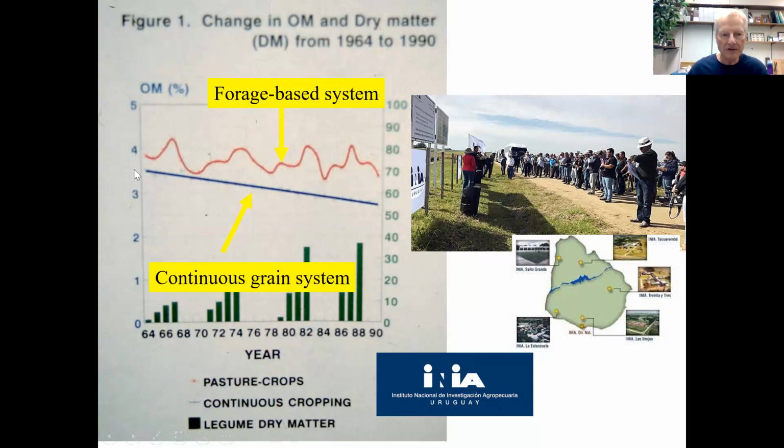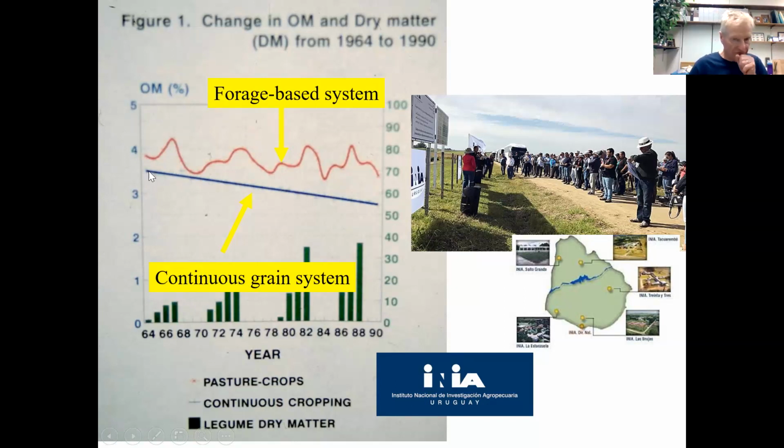And what they were measuring here, I took this picture from a poster on the wall at the center, and they were showing the legume dry matter. You could see the bottom bars here. You know, you've got your 4 years of forage, and you've got your legume dry matter. And here they're showing the soil organic matter.